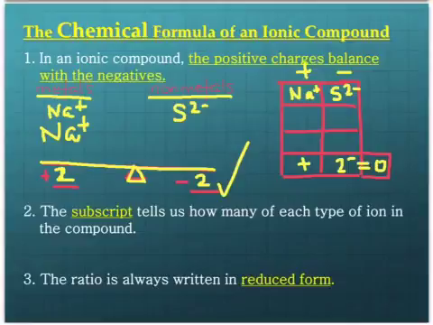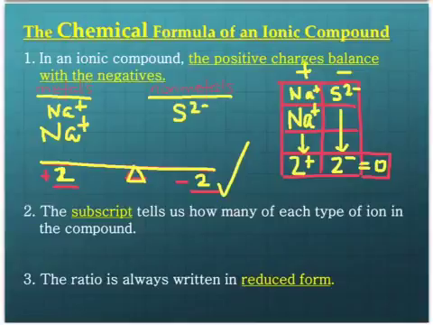So I'm going to erase those, and I'm going to come back and say, okay, in order to balance this, I'm going to need to add on another sodium. Now my total in this column is +2. And my total from the one sulfur is -2. Now I would say, adding those two together, it does equal 0. So now that is balanced.